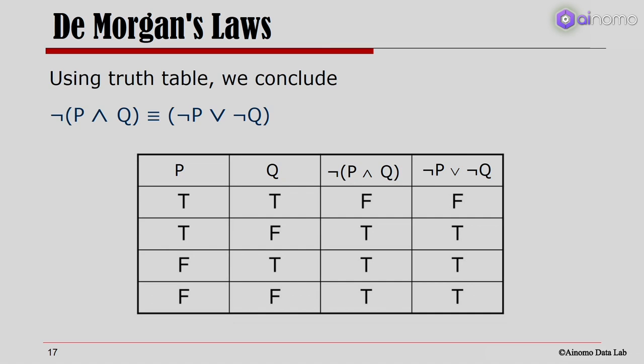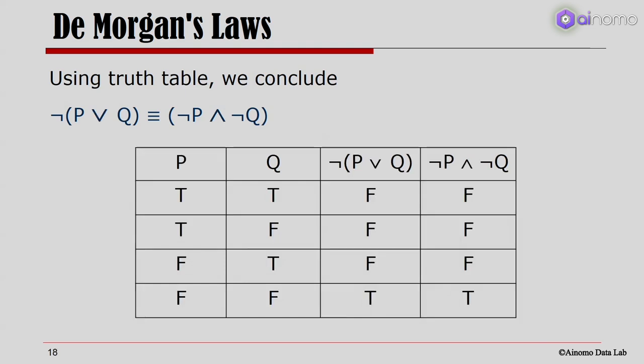The first of the De Morgan laws states that the negation of the conjunction of P and Q is equivalent to not P or not Q. So, I have here not of P and Q, and for every legal value possible for P and Q, I have here not P or not Q. As the truth values of these two propositional logic formulas are the same, these two formulas are equivalent, and I could write that the negation of P and Q is equivalent to not P or not Q.